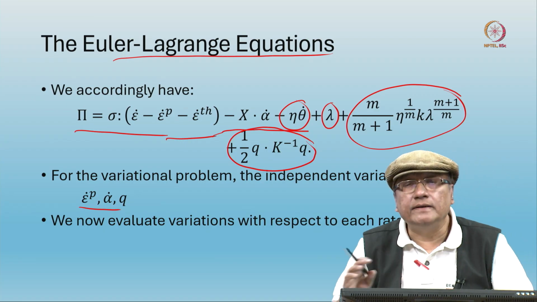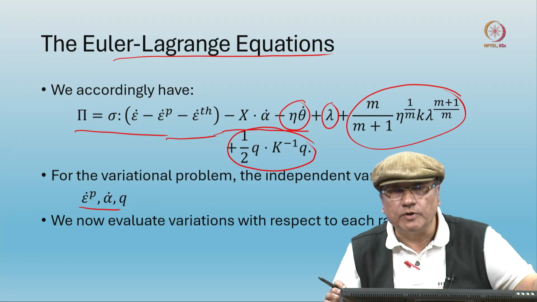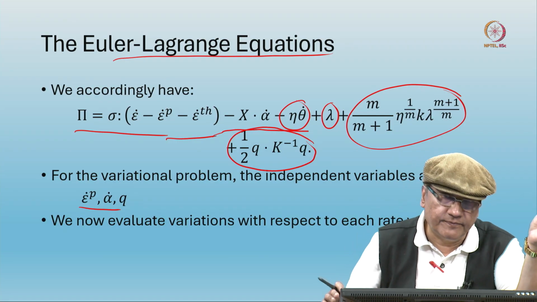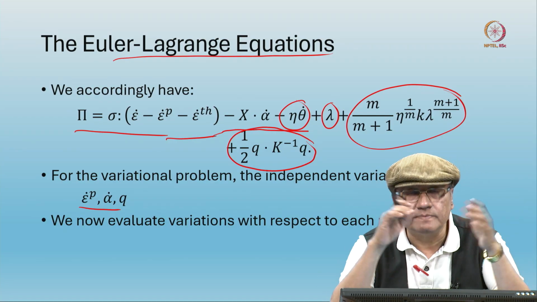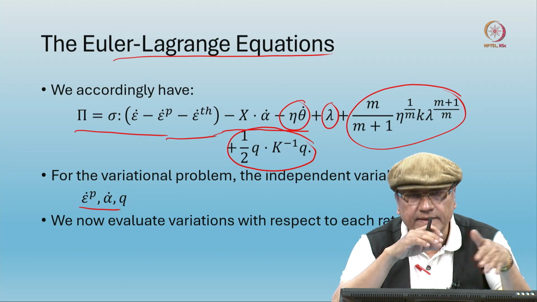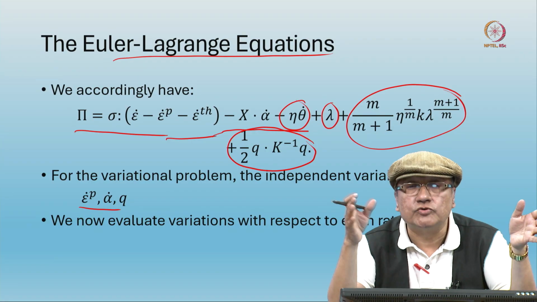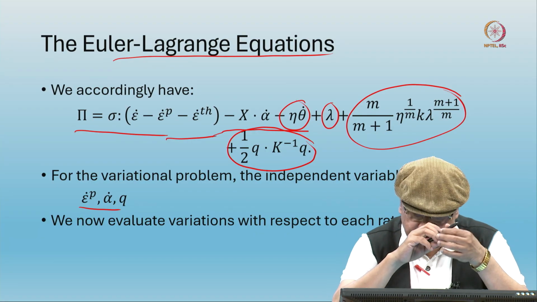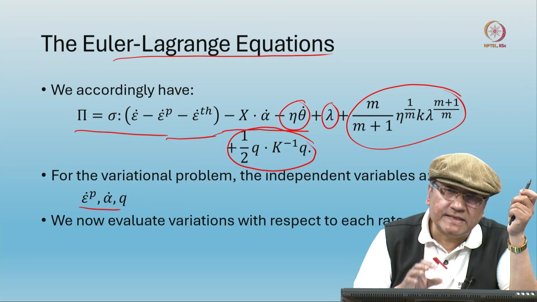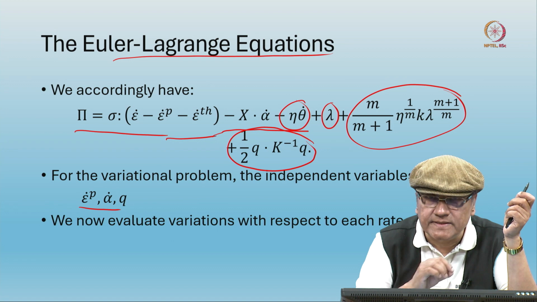We have been doing this also for other problems. In some lectures prior to this, we took the variations of pi exactly in this way, but we did not include temperature. Heat transfer was not included in the process. So this is a repetition for you, and I may go a little faster.